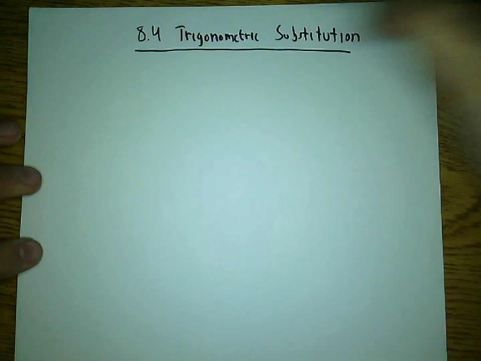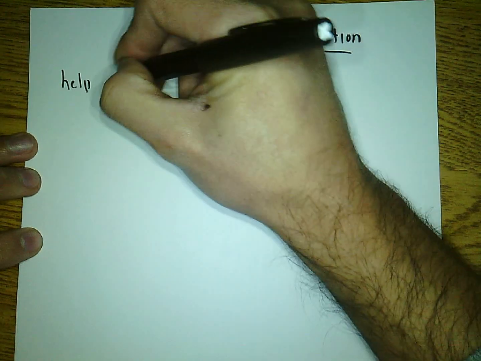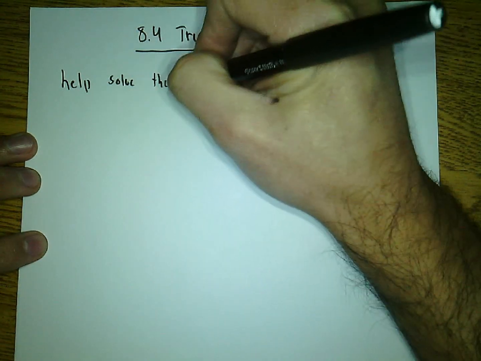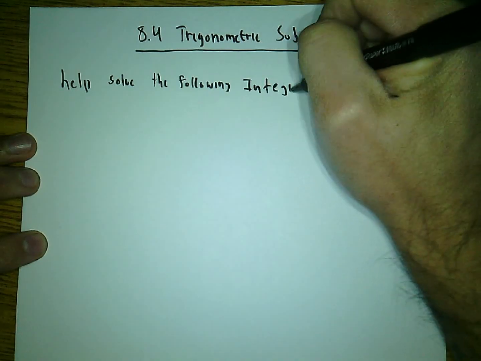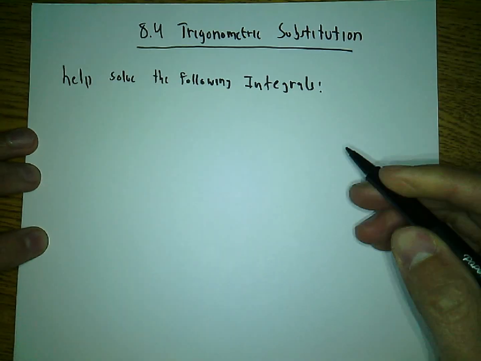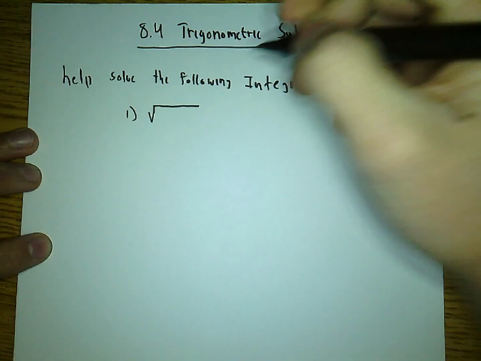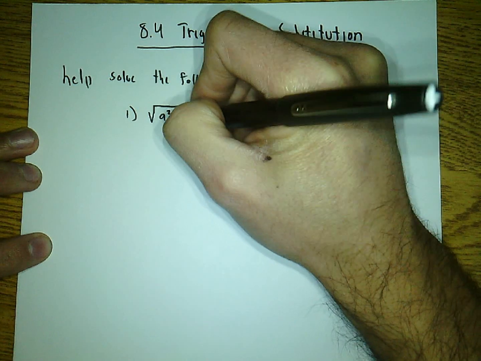So here's what you need to understand. This section is going to help us solve the following integrals. It's going to be three types of integrals. An integral that involves a square root, in which you have a number squared minus u squared.